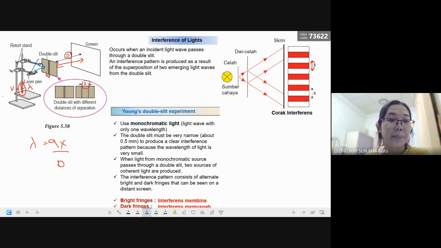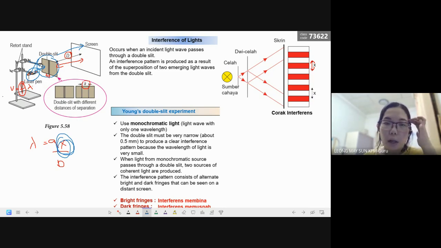I repeat, it will not affect x, because the only distance that matters is from the double slit to the screen. The two coherent waves come from the double slit, not from the laser pen. The laser pen is one wave only.